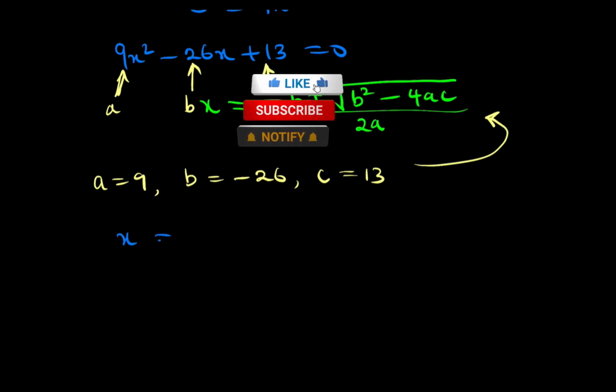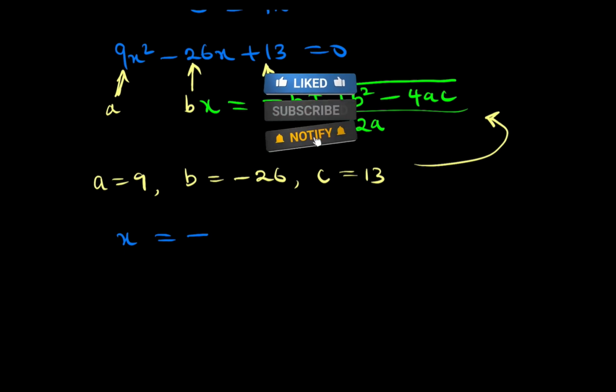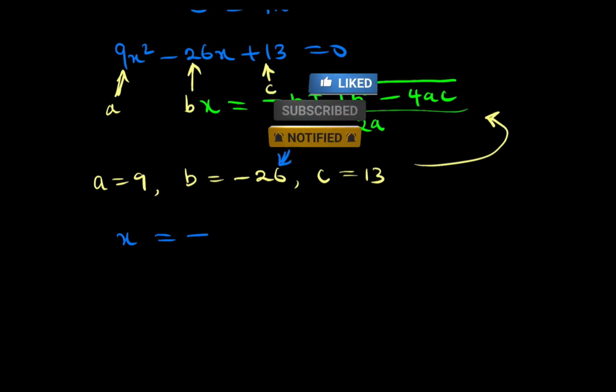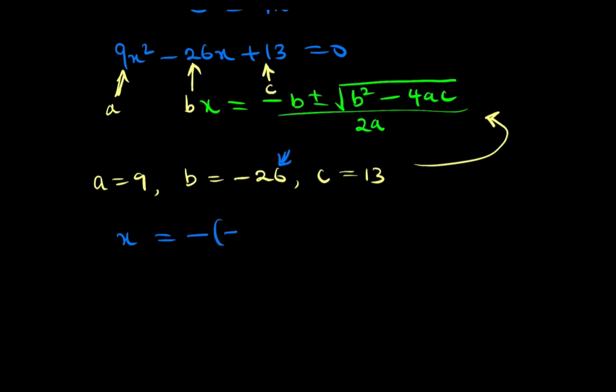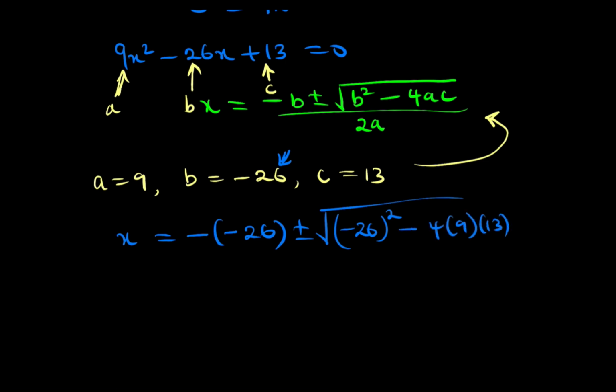X is going to be minus b, which is minus 26, so that's into bracket negative 26, then plus or minus the square root. B here is still negative 26 squared, then minus 4 into 9 into 13 divided by 2 into 9.